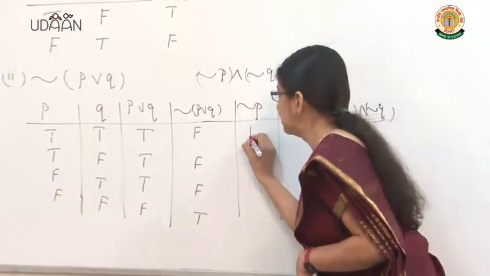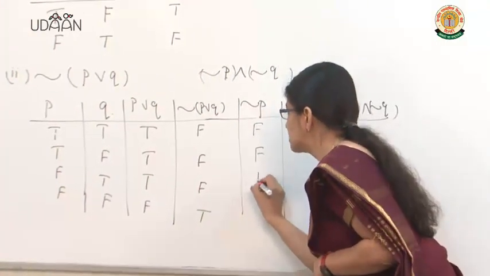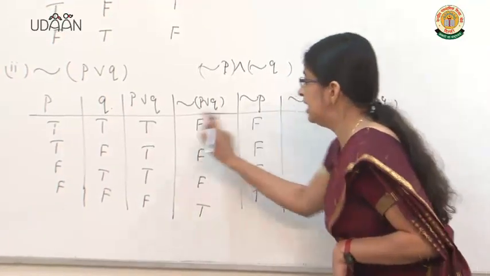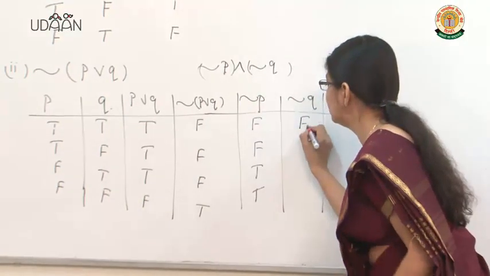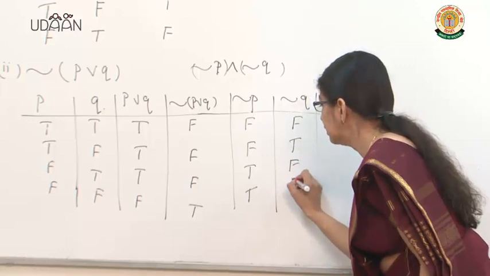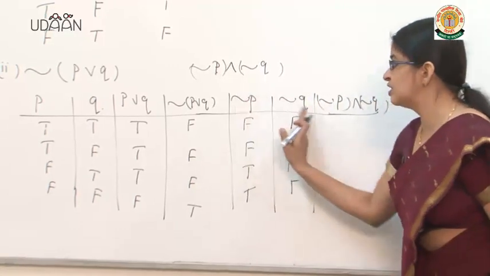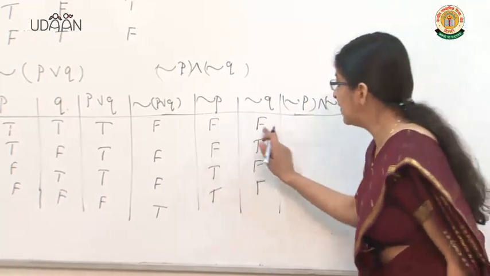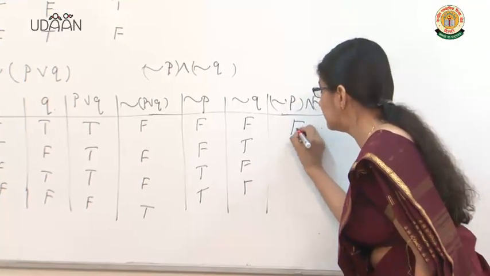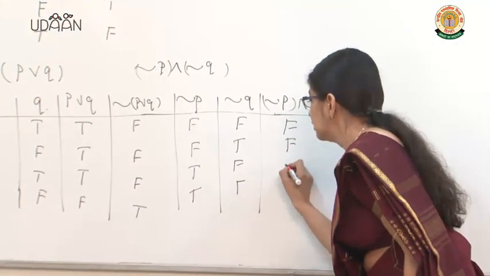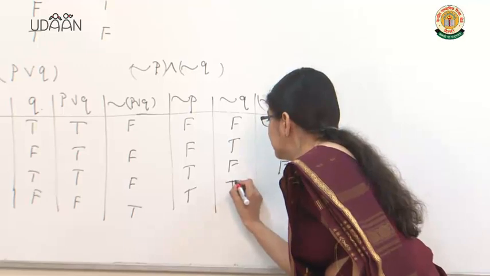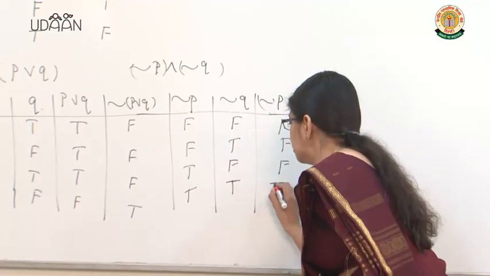Negation of P is false, false, true, true. Negation of Q, false, true, false, true. Now connect them by and. False and false is false, false, false and this is true.